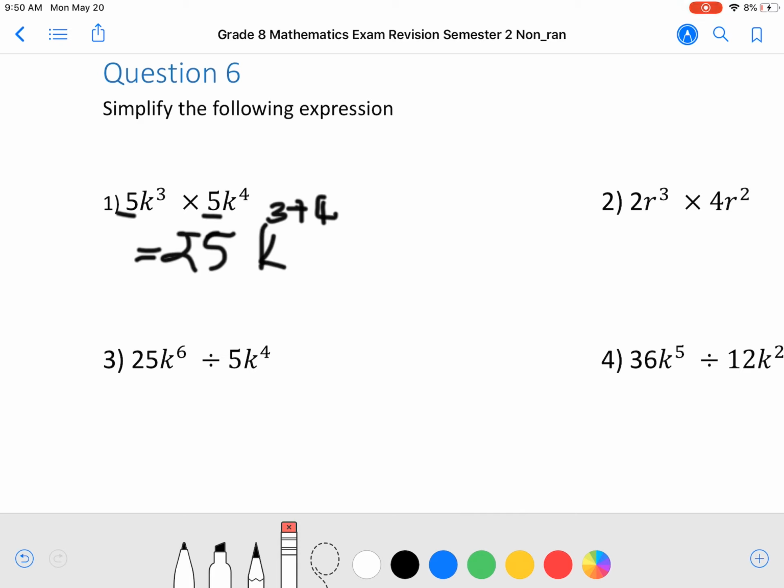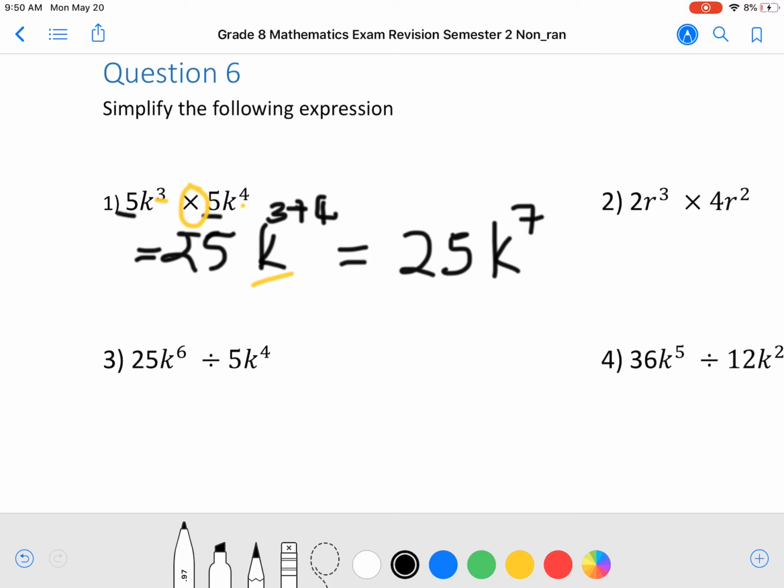When we're multiplying two of the same variables, we can use that variable again here, and then add the indices because we are multiplying. So we say 3 plus 4, and that gives us 25 k to the power 7.